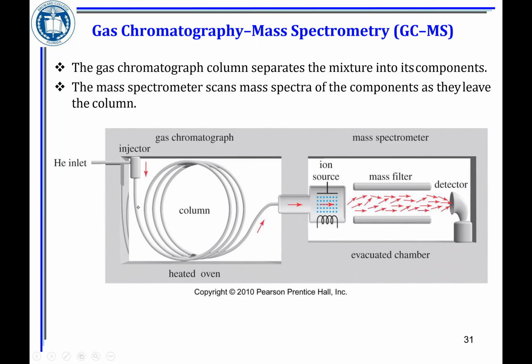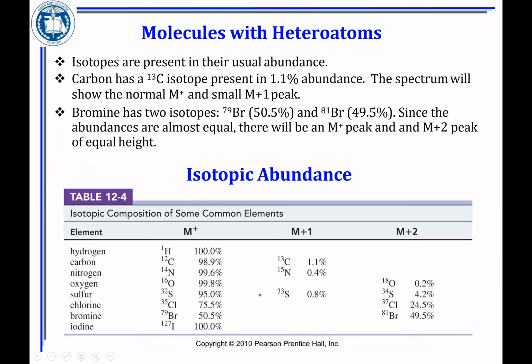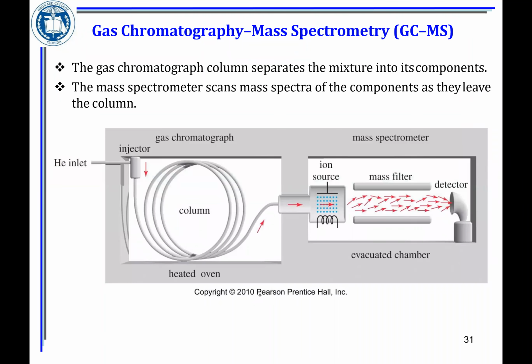This is just allowing one sample at a time to come in. And if someone who's doing the research already knows the compound of interest because they did the GC before, it takes like 2 minutes from the time you inject it until it gets to the other part, and at the 2-minute time it allows the sample to go into the mass spec.